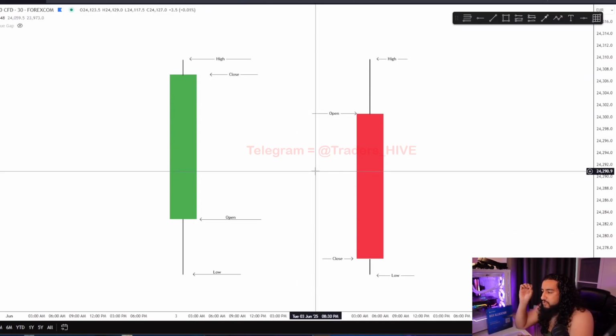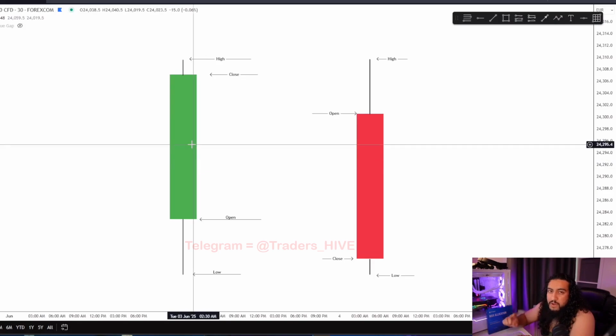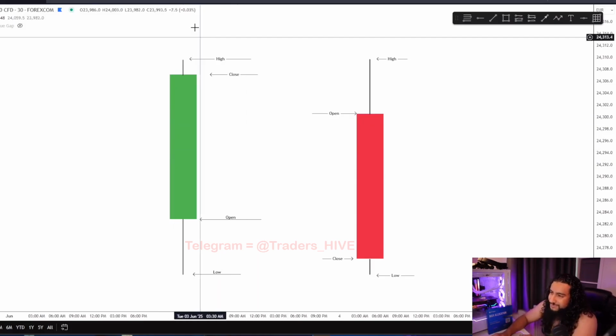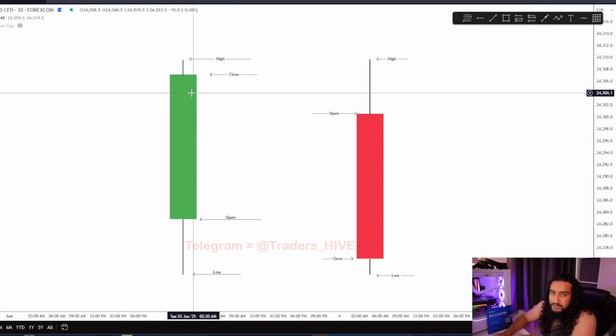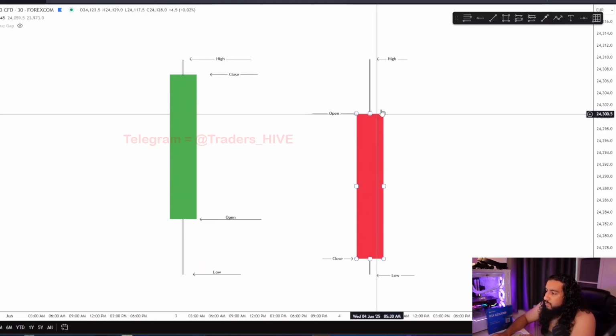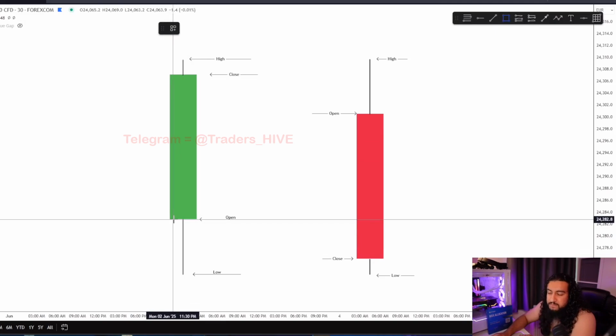Now here's the crucial part. At one point, this bullish candle looked bearish. So crucial. This candle that's bullish looked bearish at one point. So at one point, when this candle opened to create this bottom wick, the candle was red.